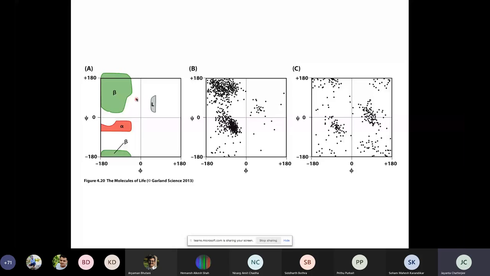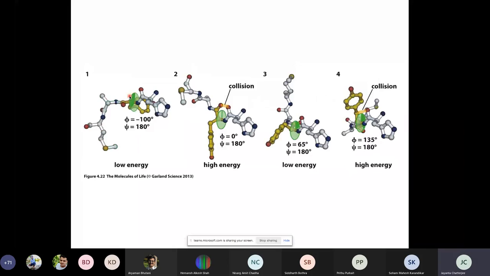As I was discussing, this collision and high energy would be true even for glycine. However, conformations where the C beta clashes with the carbonyl oxygen, or where the C betas of both polypeptides clash, will not be acceptable for the 19 amino acids that have a C beta, except for glycine, because glycine does not have a C beta.